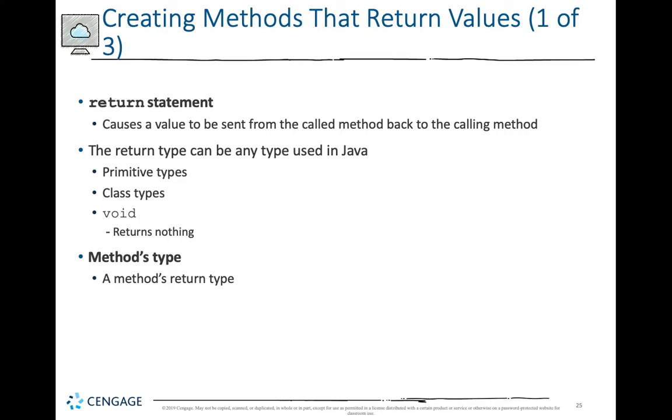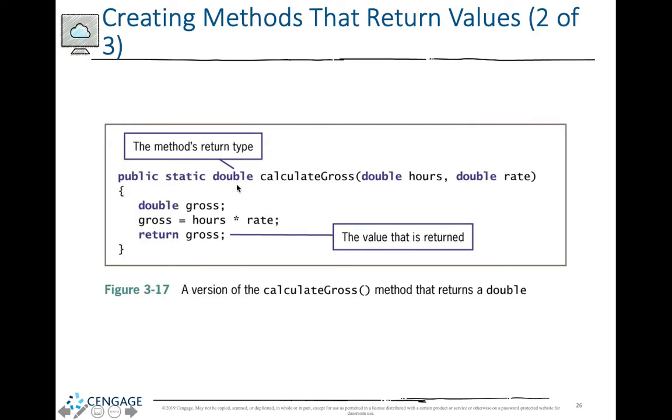If you create a custom class like car or pizza, you can return that as an object. It can also return void. The method's type is the method's return type, and they must match. So in this example, the method's return type is double, and what's returned down here must be a double. If it isn't, you'll get a compile time error. It won't even compile.